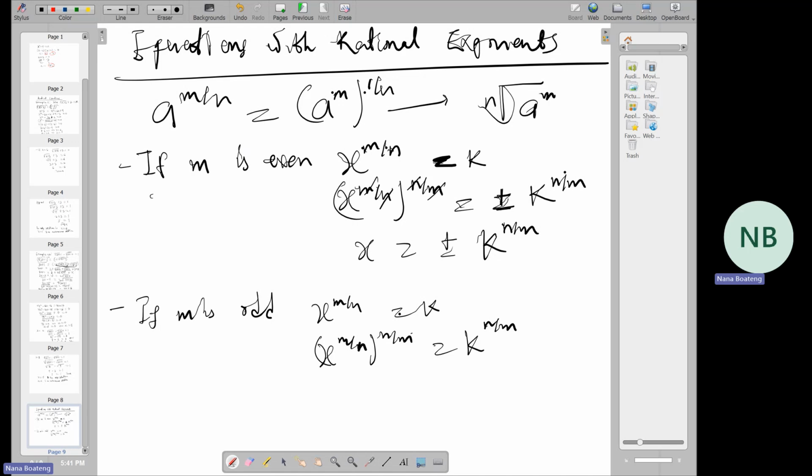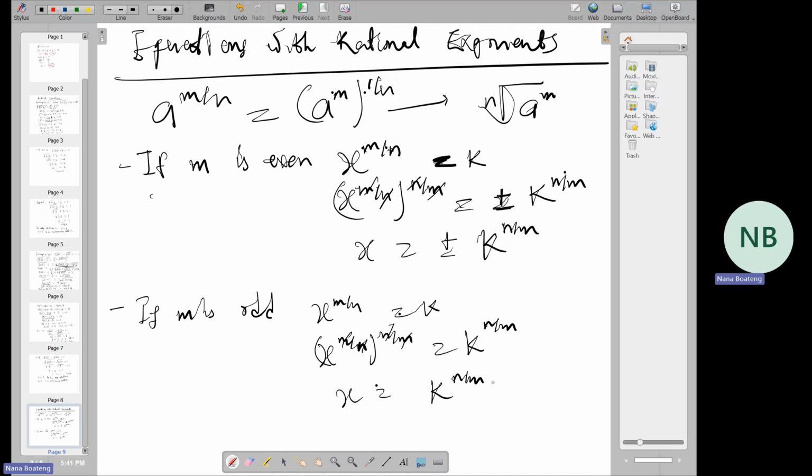So m cancels m, n cancels n. So we have x is equal to k power n divided by m. So this is for the case where m is odd. And when m is an even number, then we have the plus or minus case. All right, so let's look at some examples to illustrate this point.